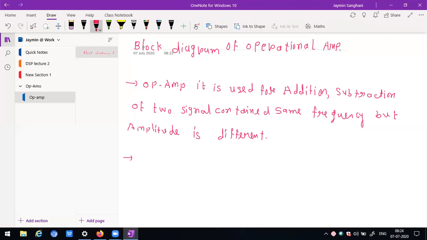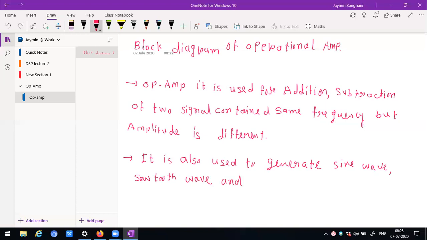It is also used to generate sine wave, sawtooth wave, and various types of signals based on the application.